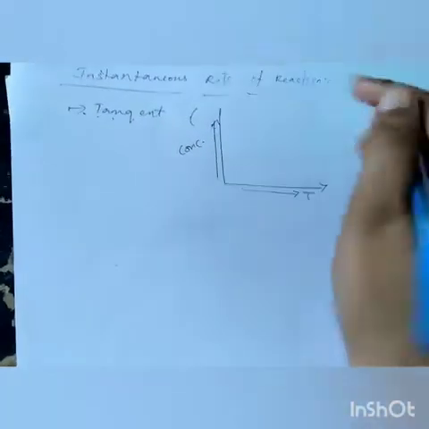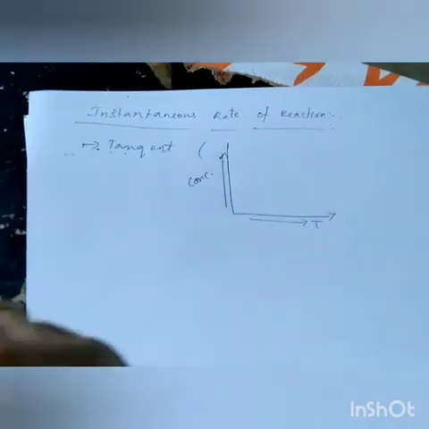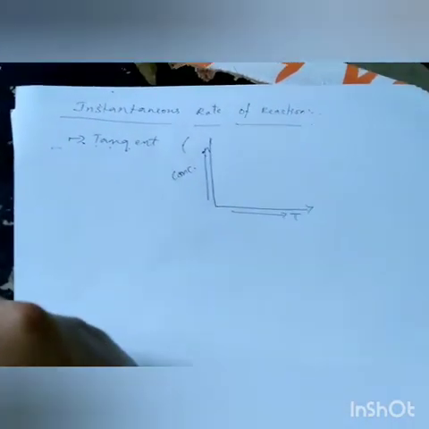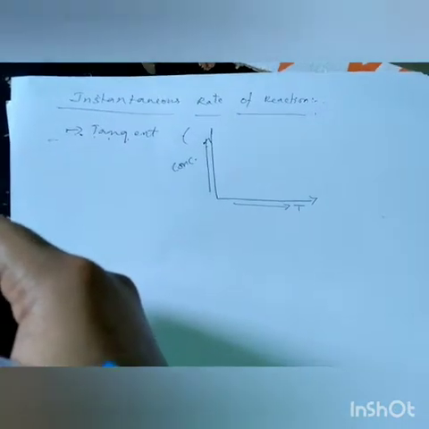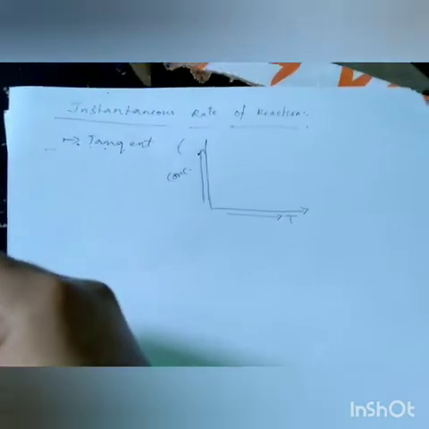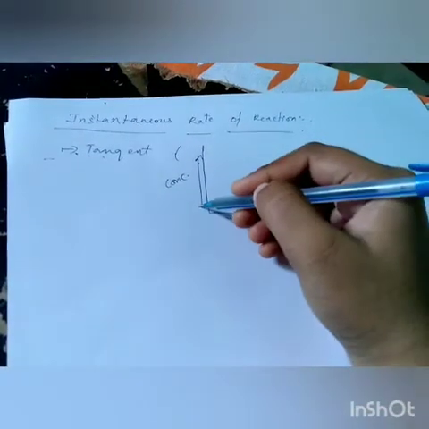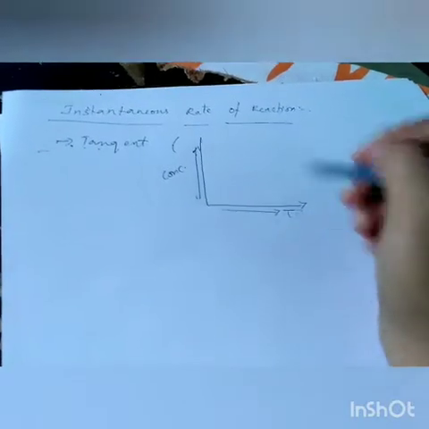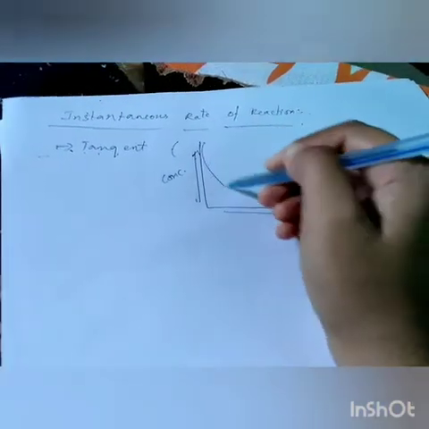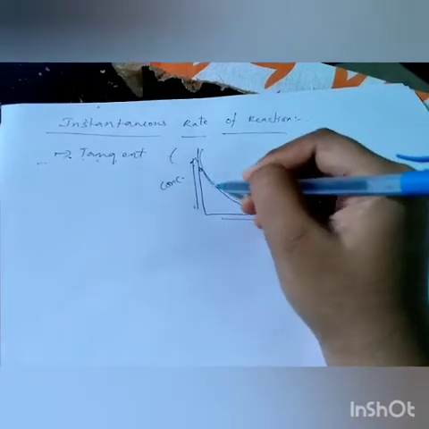Okay, next topic is instantaneous rate of reaction. What is instantaneous rate of reaction? It is the rate of reaction determined at a specified time or a specified concentration, and this is called instantaneous rate of reaction. See now, I have drawn a graph. The y-axis represents the concentration and the x-axis represents the time, and I have drawn a curve like this, and then I draw a tangent like this.